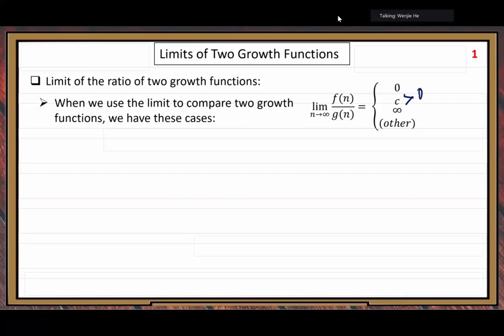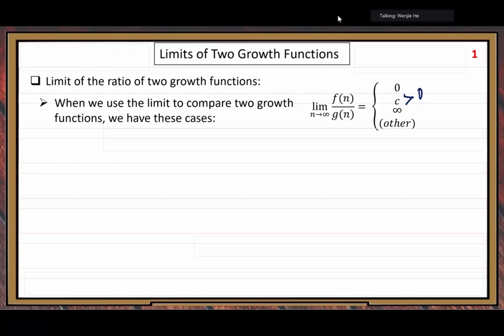The last case, other than these 3 cases, is that the limit does not exist. That's different from the first 3 cases.